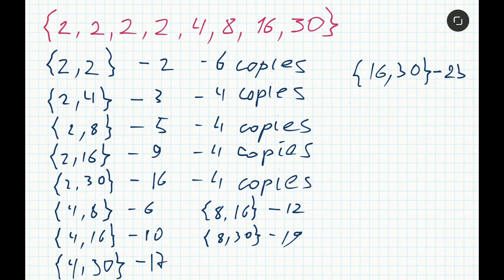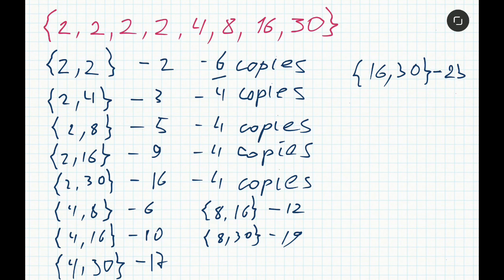Okay, so some of the entries in the population are the same. For example, we have 4 entries of 2, 4 copies, so to speak. So some of our samples will also be the same. For example, we have 6 different samples of size 2 which consist of 2 entries of 2. Or we have 4 different samples which consist of 2 and 4.